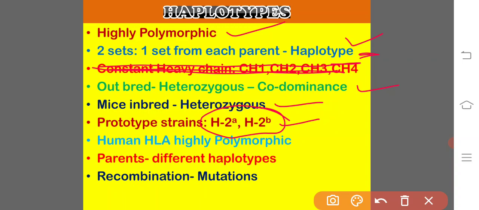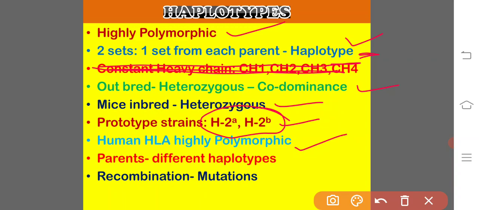In an outbred human population, each individual is generally heterozygous at each locus. The human HLA complex is highly polymorphic, and multiple alleles of each class 1 and class 2 gene exist. The human HLA loci are closely linked and usually inherited as haplotypes.